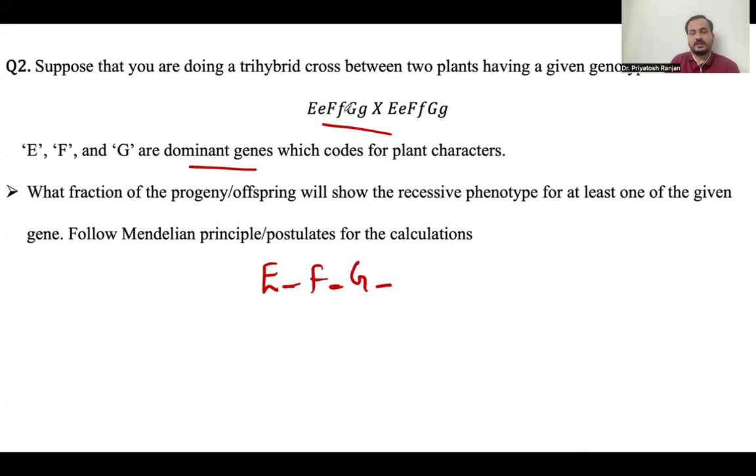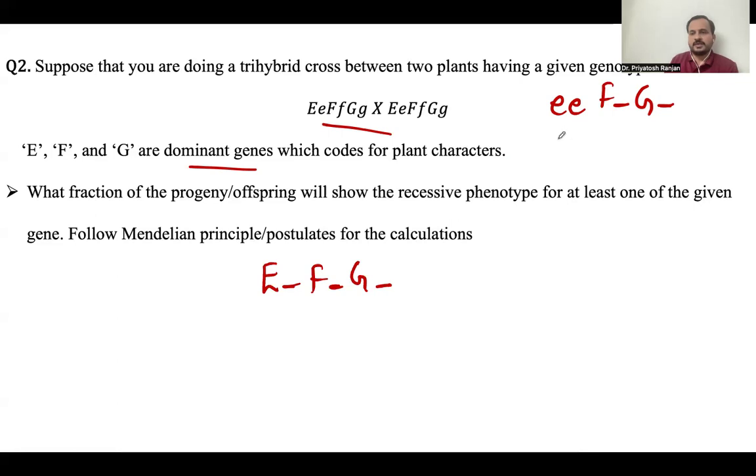Needless to say, these will form 8 gametes and there are going to be offspring of different genotypes. What you need to figure out is the offspring carrying a recessive phenotype for at least one of the given genes. For example, you can think of any offspring having genotype small e, capital F dash, G dash. Dash means it could be small g or capital G. Doesn't matter, because if F and G are the dominant ones, even a single copy is sufficient to show its expression.